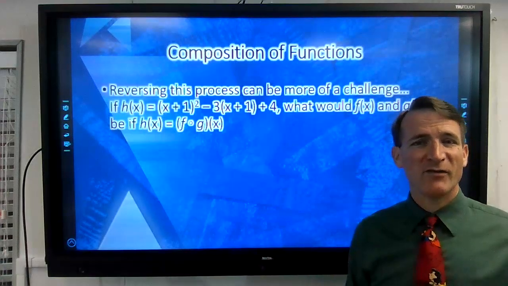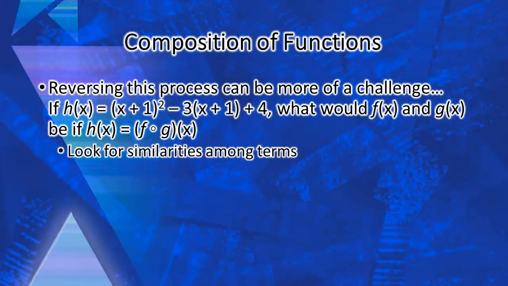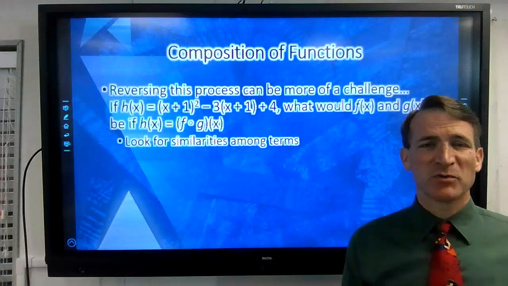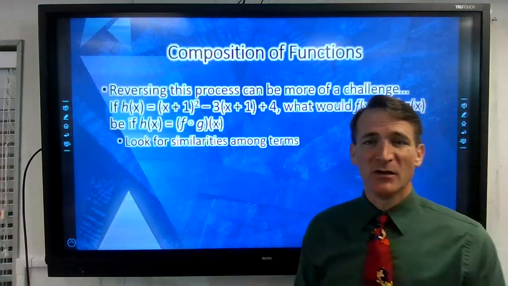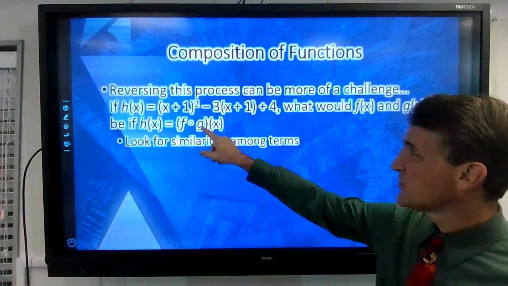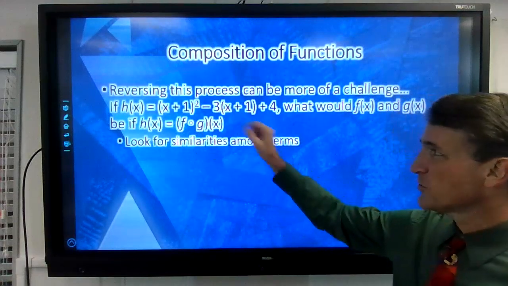Well, I notice that I have an x plus 1 in parentheses in two different pieces. So I will look at, can I replace the x plus 1 as my x value? So if I were to say one of my functions was the x plus 1, what would the other function be? Well, if I look at f composed of g, let's just say g of x were the x plus 1.